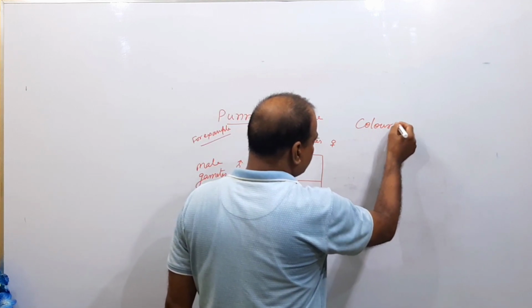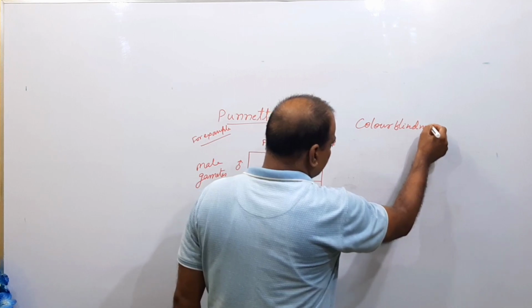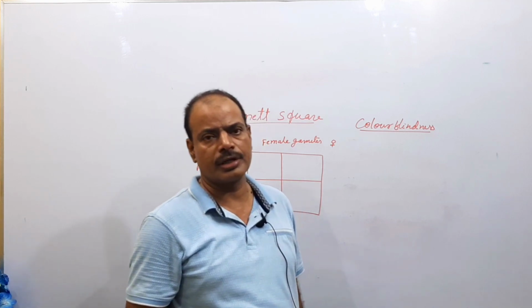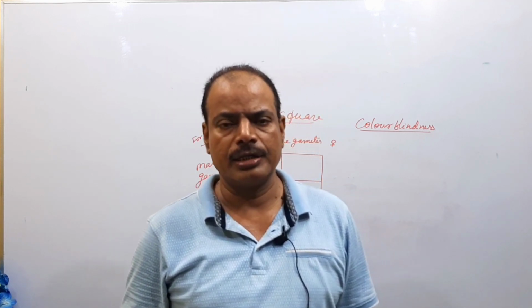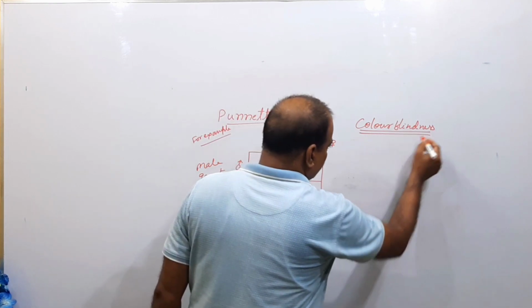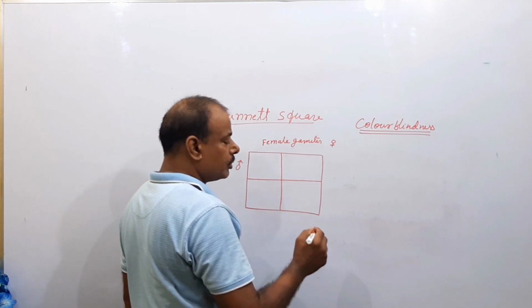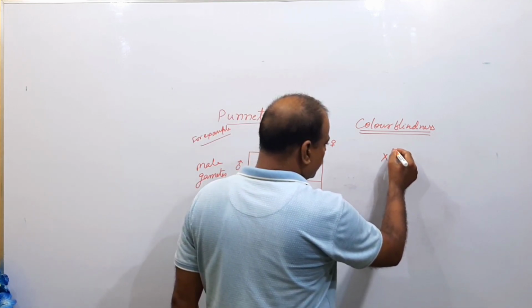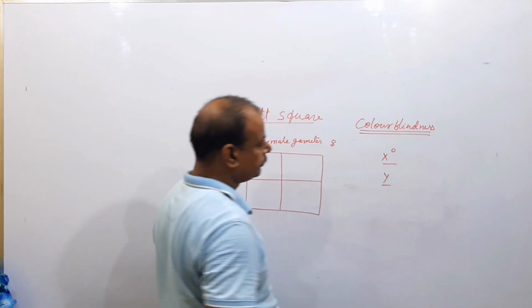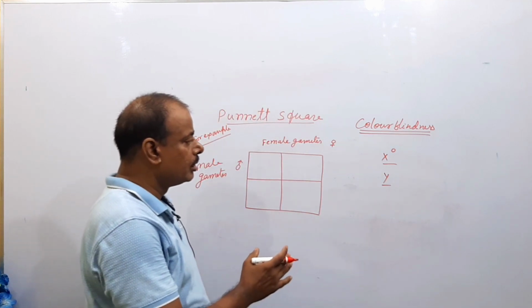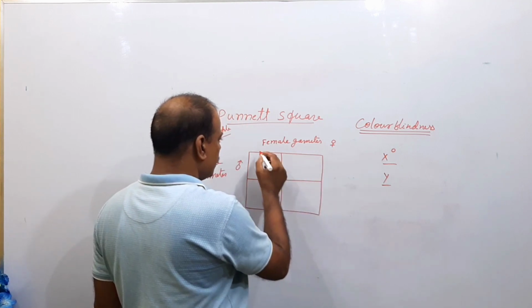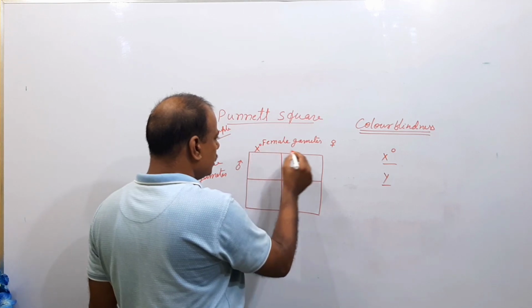Suppose here color blindness. Color blindness is a genetic disorder in which a person can't identify red and green color mostly. So it is a genetic disorder. Here two types of conditions may take place because it is a disease which is known as X-linked inheritance.